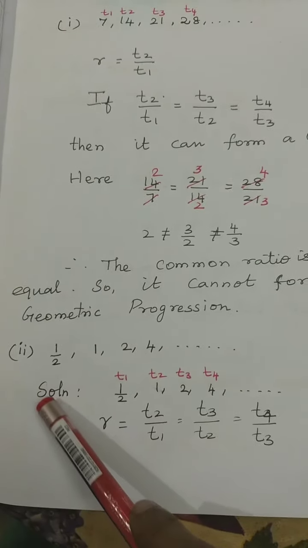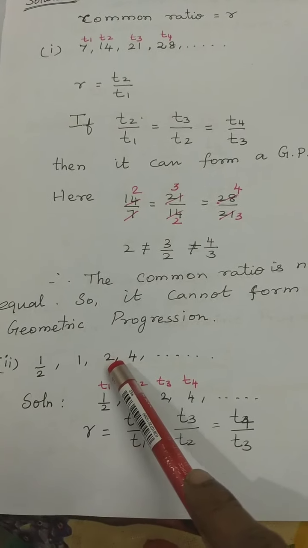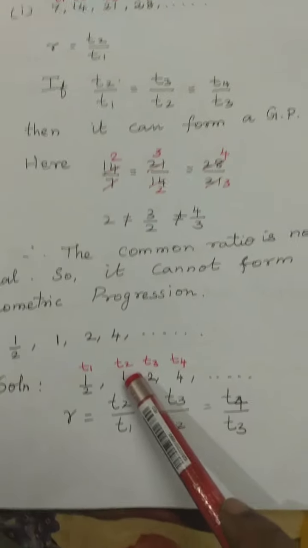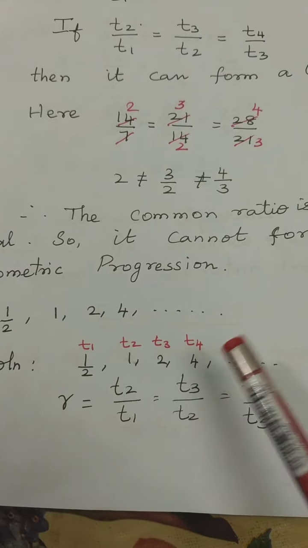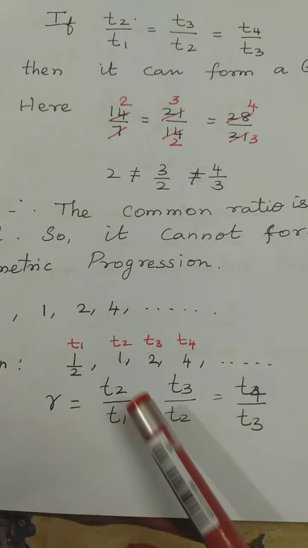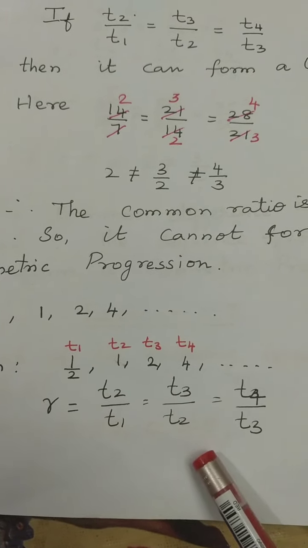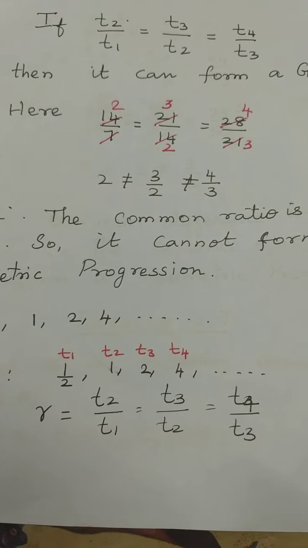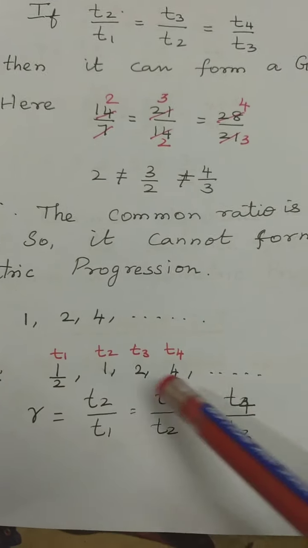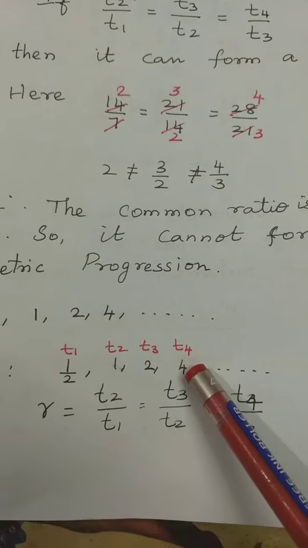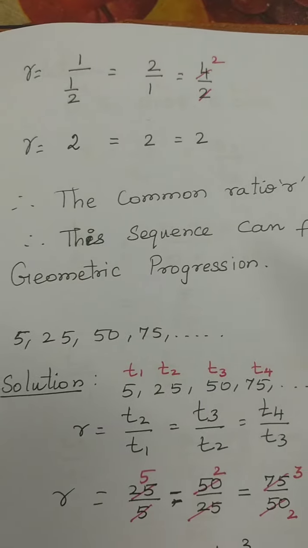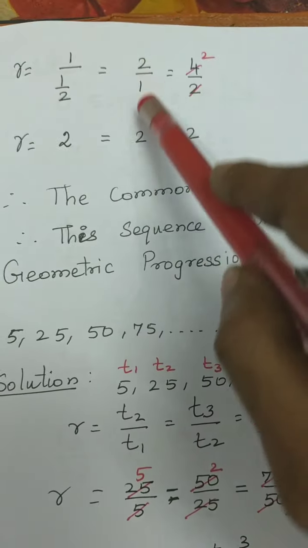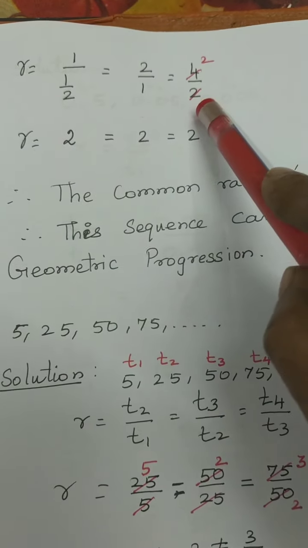Then the second sequence 1 by 2, 1, 2, 4. Here we can take these as T1, T2, T3, T4. Okay. Now r is equal to T2 by T1 and T3 by T2, T4 by T3. Now 1 by 2, then 2 by 1, then 4 by 2. And r is equal to 1 by 2 divided by 1, equal to 2 by 1, equal to 4 by 2.